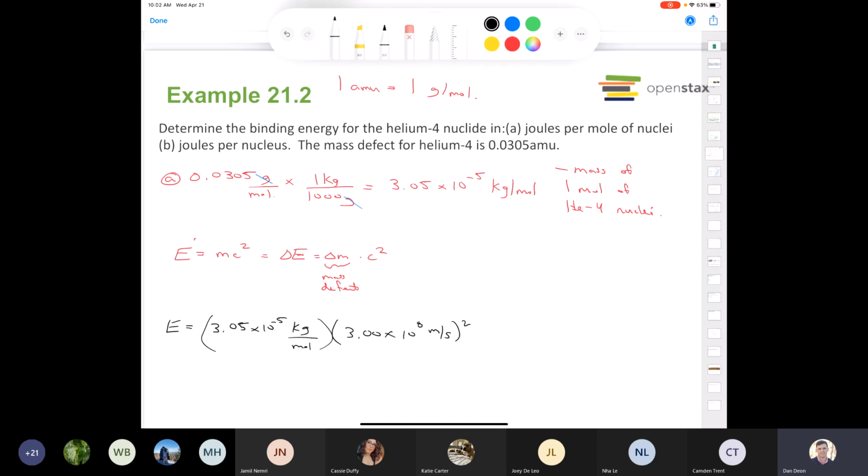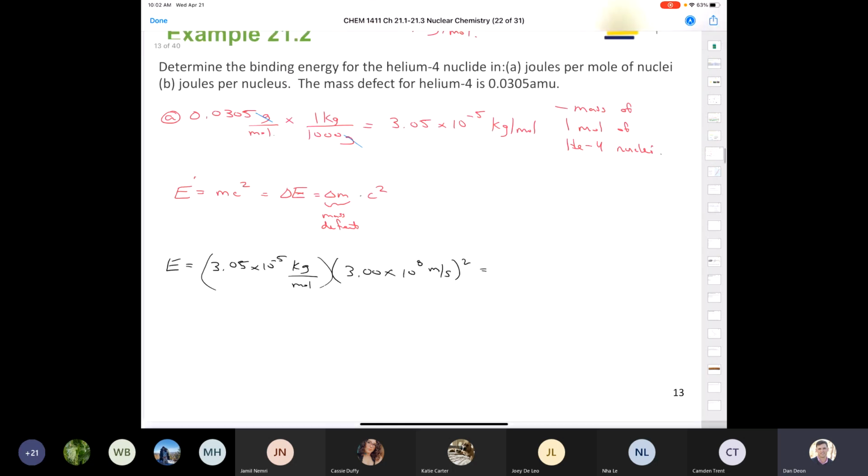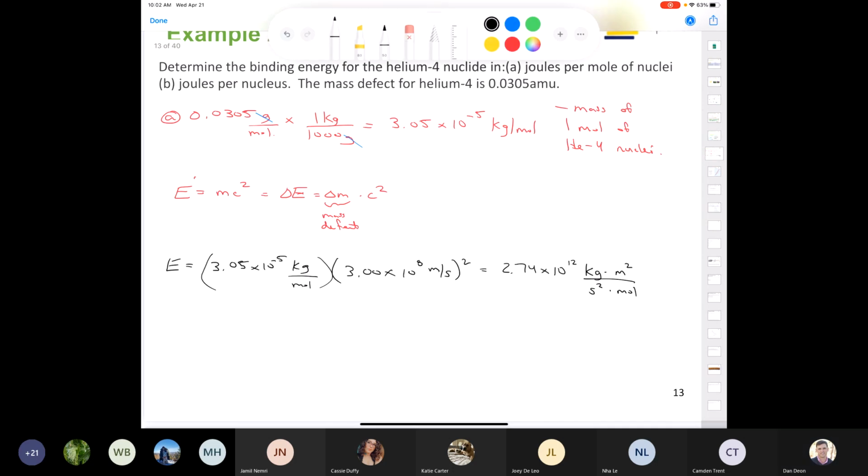So when you punch all that into your calculator, you get that your energy is equal to 2.74 times 10 to the power of 12 kilograms meter squared divided by second squared times mole. Well, we know that a kilogram times meter squared per second squared is equal to a joule.